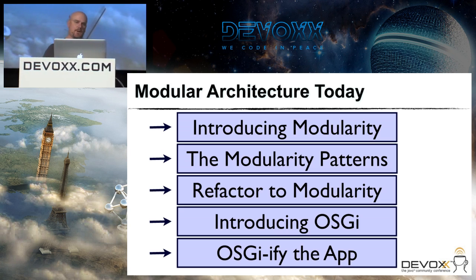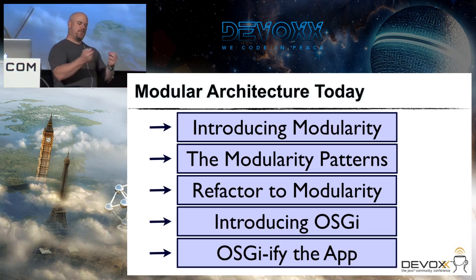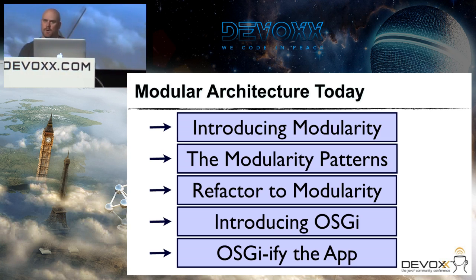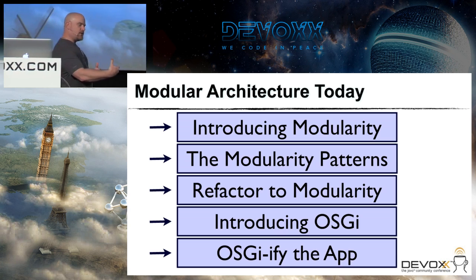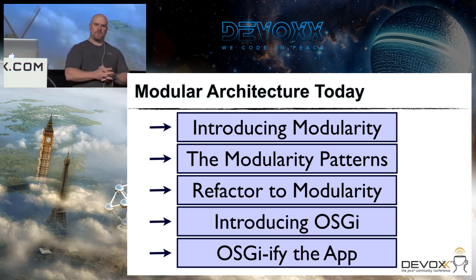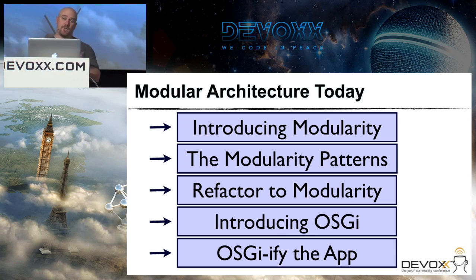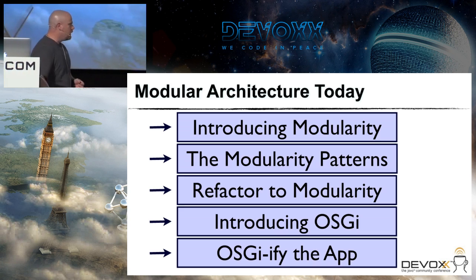Once we've done that, we're going to take that exact same system and, with just 2 or 3 relatively small modifications, introduce OSGi into the mix and show some of the runtime benefits of modularity. Actually, we're going to do that after we introduce OSGi briefly. So that's our agenda today.